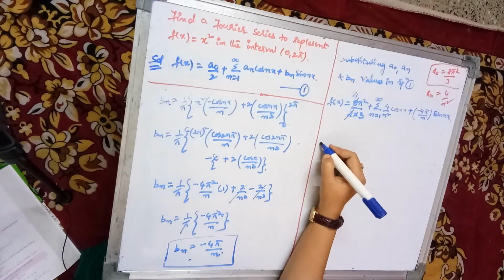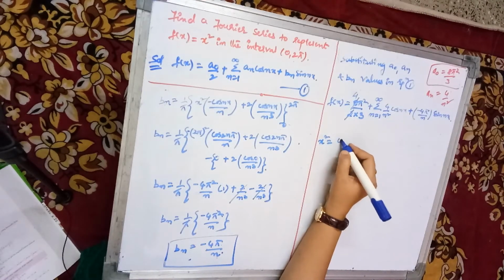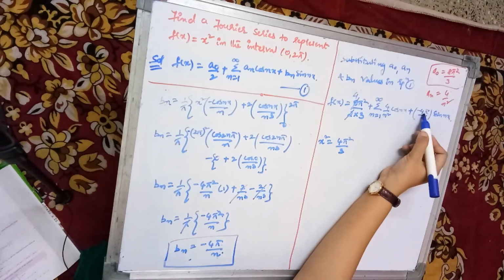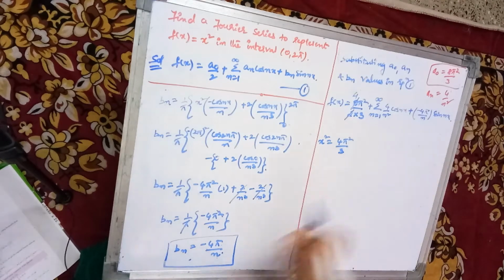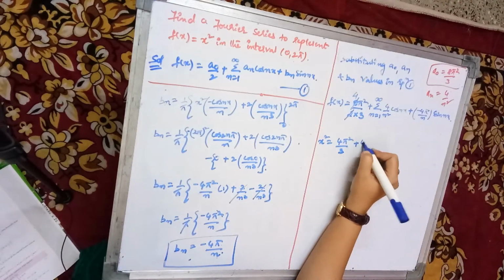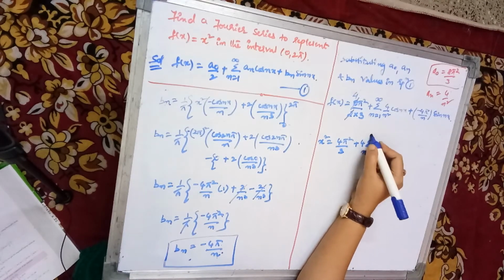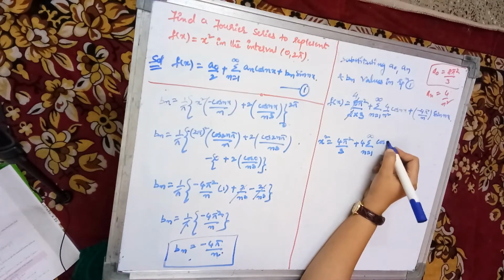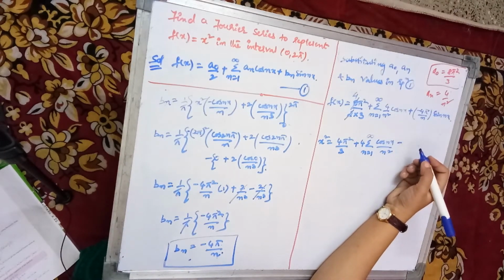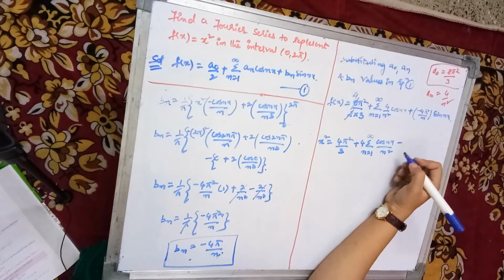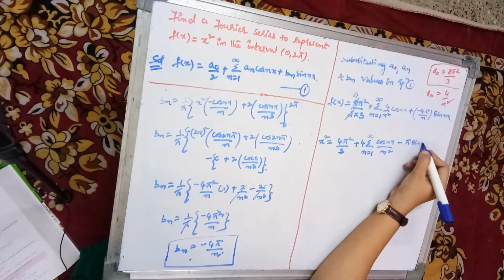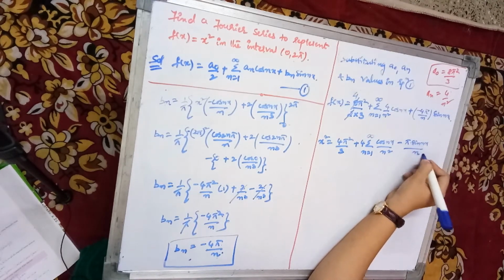where this 4 is cancelled, leaving 4. F of x, which is x square, is equal to 4 pi square by 3, plus 4 summation n is equal to 1 to infinity of cos nx by n square minus pi into sin nx by n.